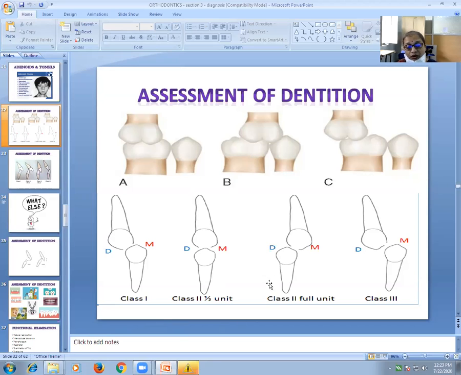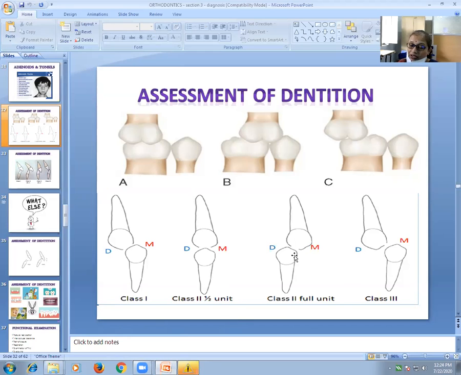These are very important things for your theory exam, and the viva also. So what is premolar classification? See here, the mesiobuccal slope of the upper first premolar occludes with the distal slope of the lower premolar. This is class 1.